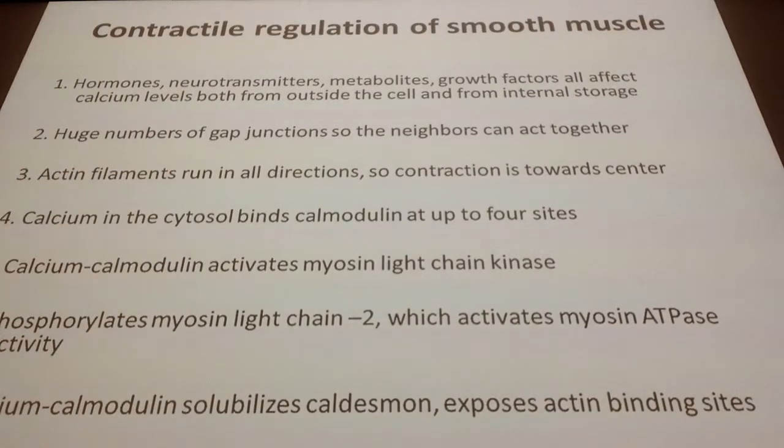But because there are a lot of gap junctions, guess what? The calcium ions not only are going to be used for this and this, but will flow down the concentration gradient through the gap junctions into cells that are in the middle. Not only that, but the same calcium ions will flow down this way.